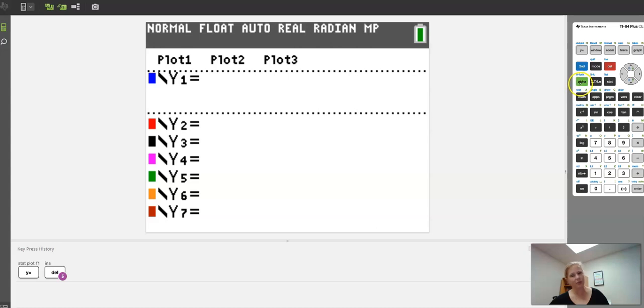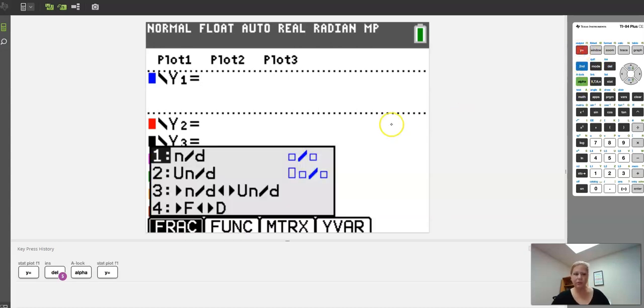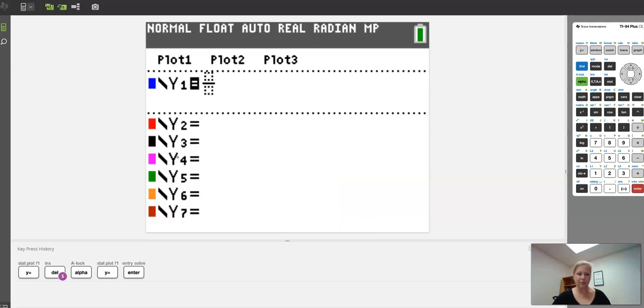Some calculators may be a different color, but I'm going to hit alpha, y equals, and it gives me some choices of fractions. My first fraction that I need to pick is this one. And we said we had 368 on the top divided by 9.